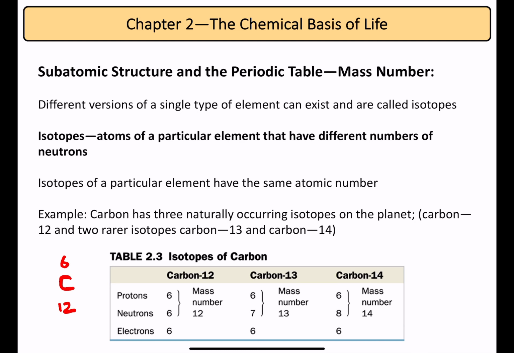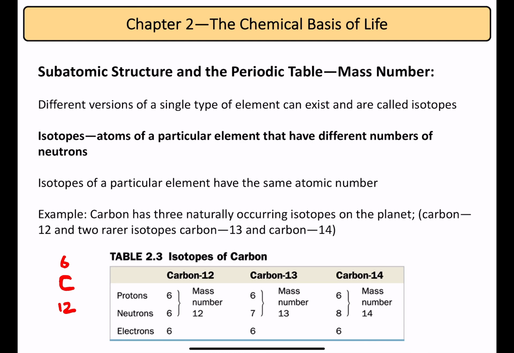But there are also more rare, heavier versions of carbon. For instance, carbon-13 and carbon-14. So these other, more rare, heavier versions of a particular atom are called isotopes.